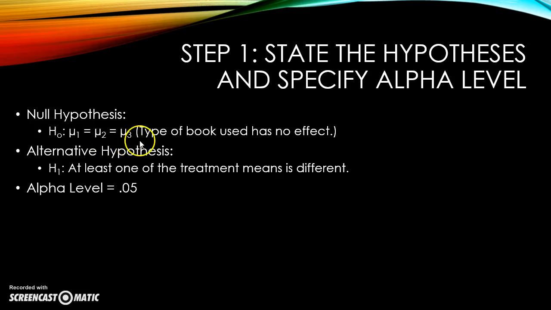You could interpret that as the type of book used has no effect. The alternative hypothesis for this example would be represented by H1, and that could be at least one of the treatment means is different from the other. And the alpha level that we're going to use for this example is 0.05, which is typical of ANOVAs to use.